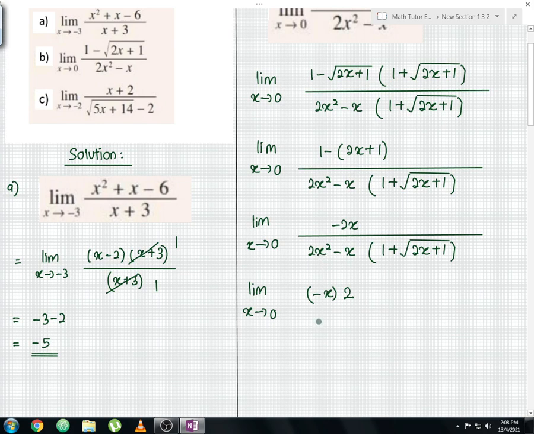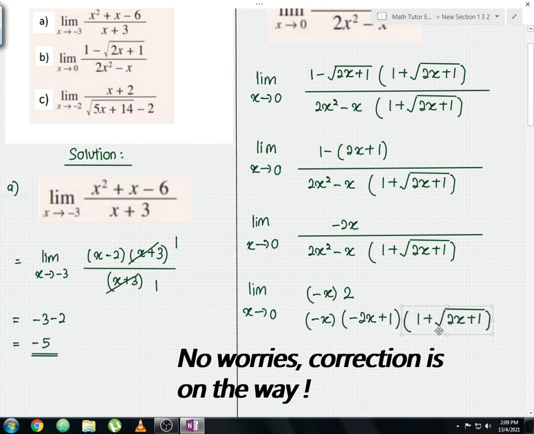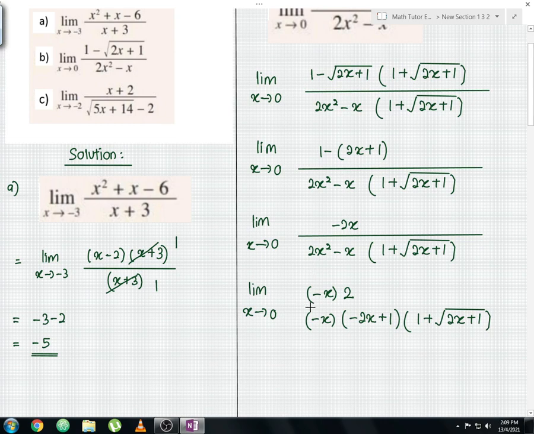As over here you factor out the negative x, you only left with negative 2x plus 1. Okay, let me write the plus 1 here properly, and then times with 1 plus square root 2x plus 1, guys. So underline the fraction. So this negative x and negative x will get cancelled off.